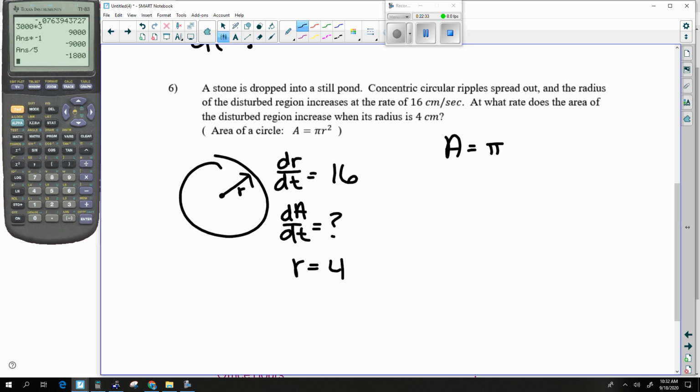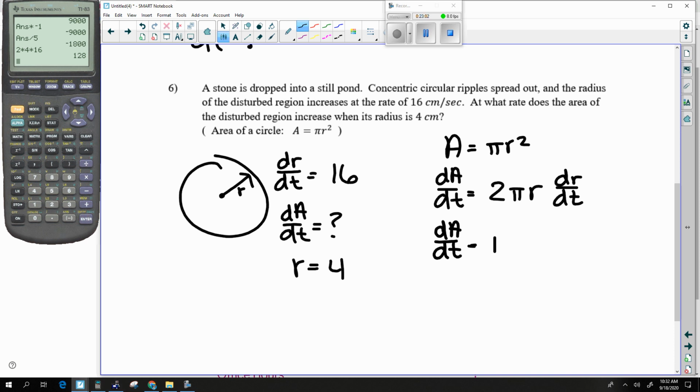Area is equal to pi r squared. So dA/dt is equal to 2 pi r times the derivative dr/dt. The question is the area, so this one is just straightforward: 2 times radius times the changing radius. That is 128 pi.